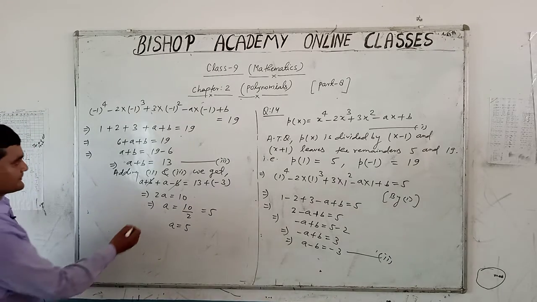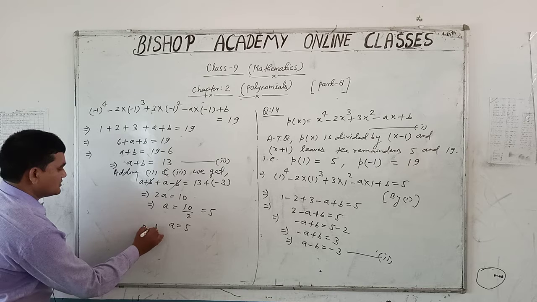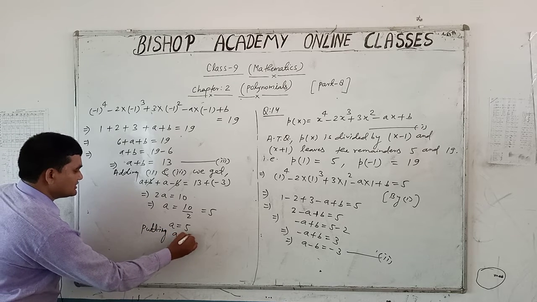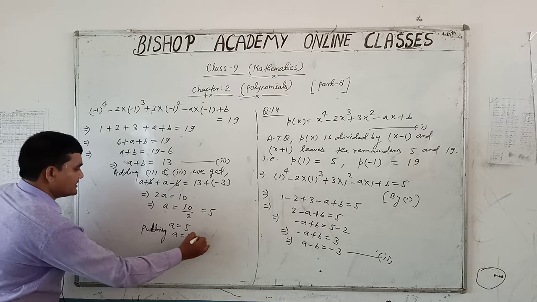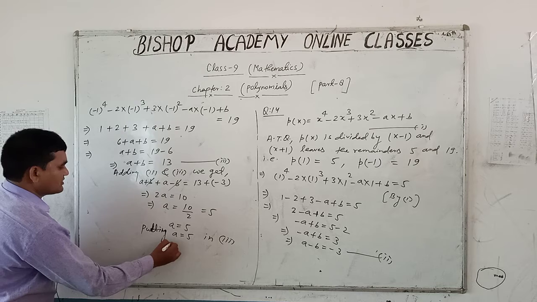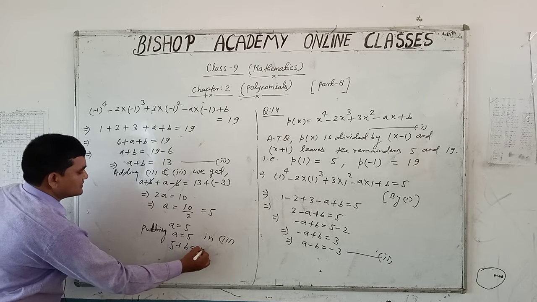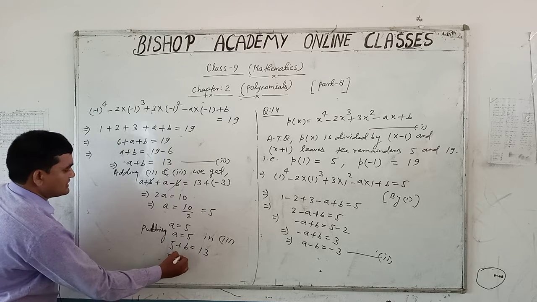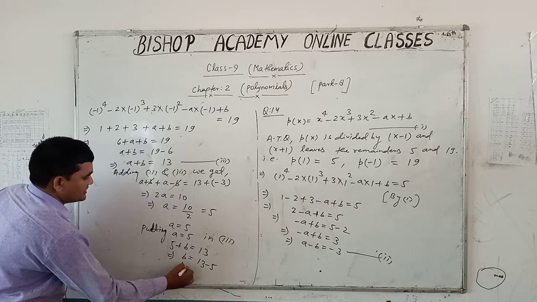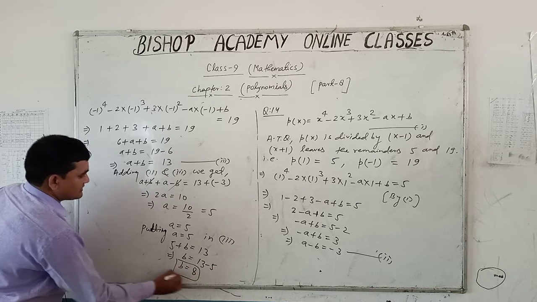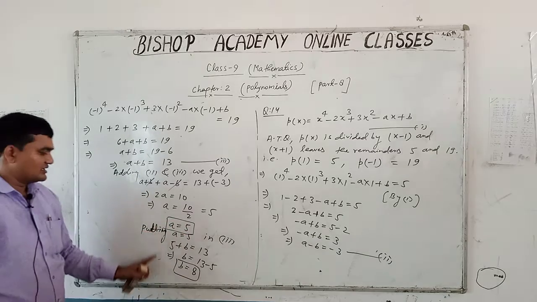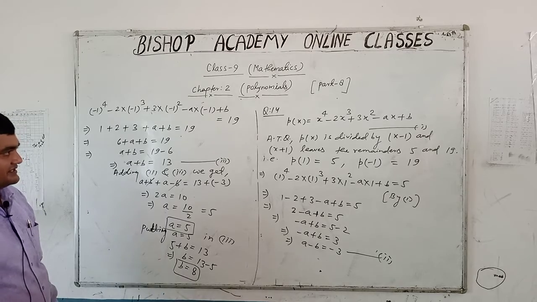Now putting a equal to 5 in 3rd, then we get 5 plus b equal to 13. This implies that b equal to 13 minus 5, b equal to 8. Hence value of a is 5 and value of b is 8.